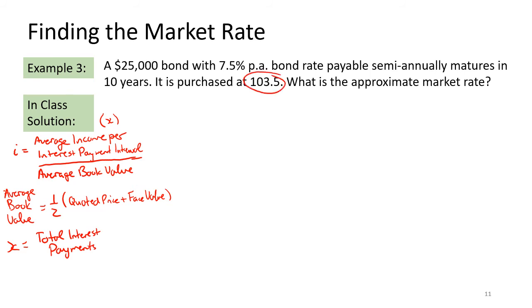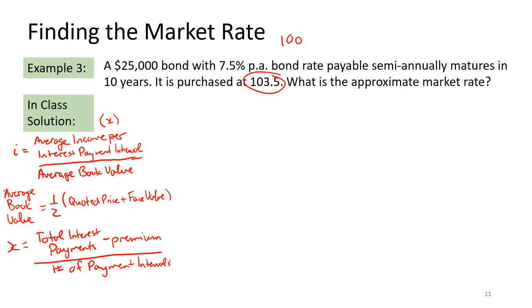Again, that's above the base value for the face value, which is 100. So we know it's going to be a premium. And if it's a premium, you subtract the premium. Again, we saw how to figure out what the premium or discount was when we did bond schedules. And that is divided by our number of payment intervals.